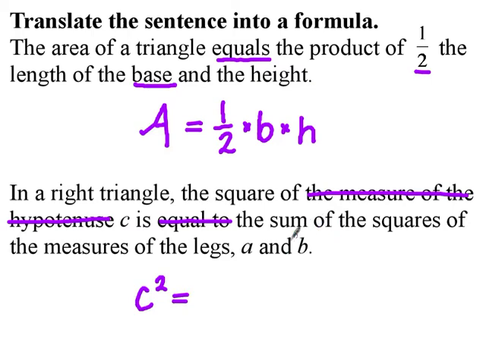The sum of. Sum of means you do what? Add. The squares of the measures of the legs A and B. So the squares of A and B, how could I write that?